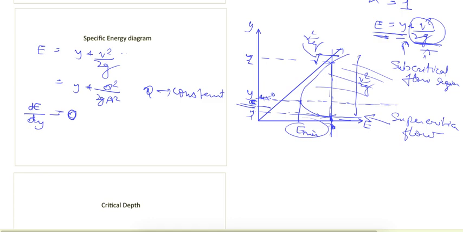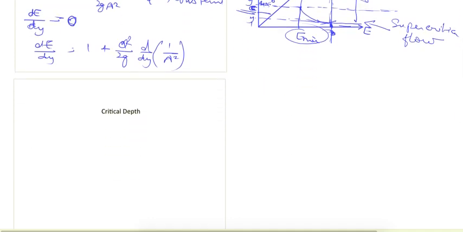So if I differentiate this equation, dE by dy is equal to 1 plus q square by 2g, which is constant, into d upon dy of 1 upon A square. This will be 1 plus q square upon 2g into minus 2 upon A cube into dA by dy.